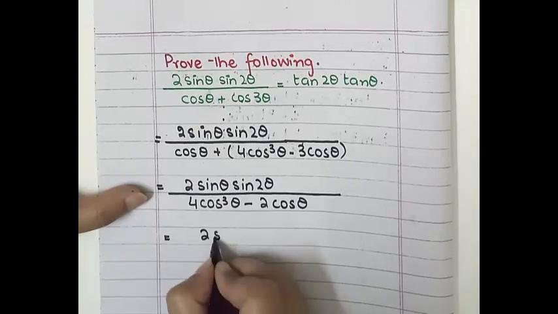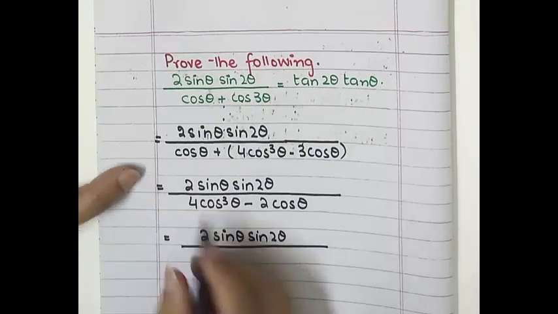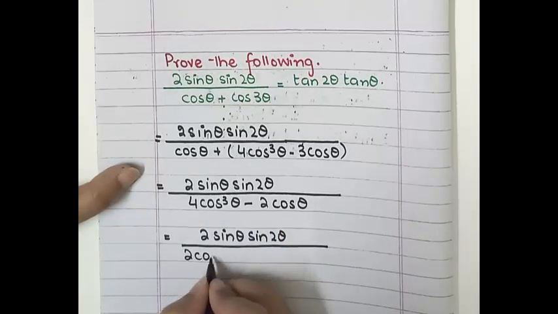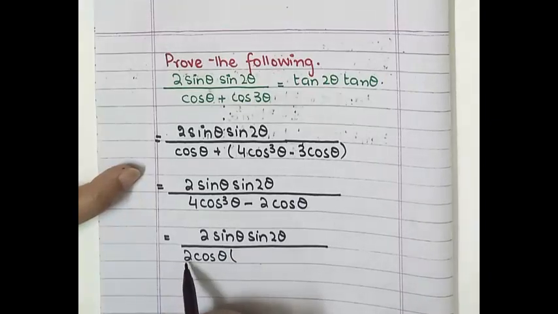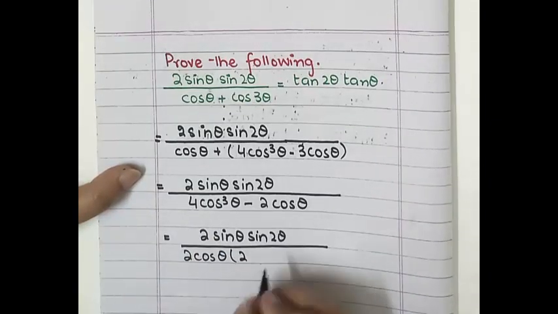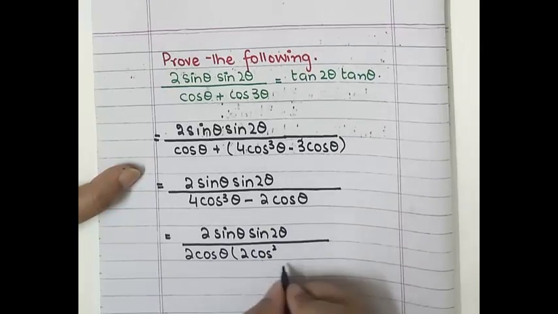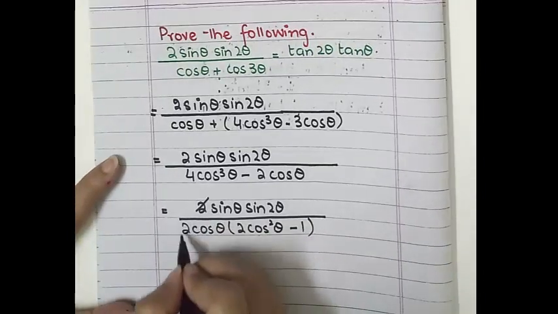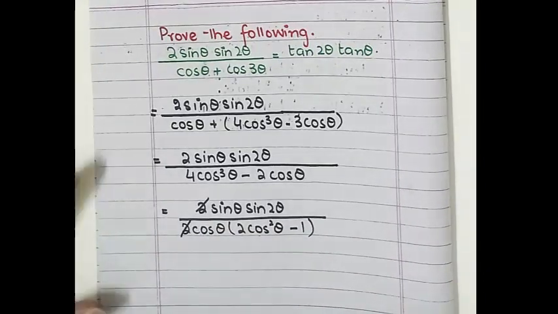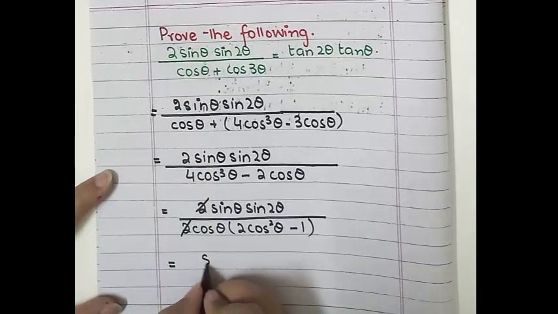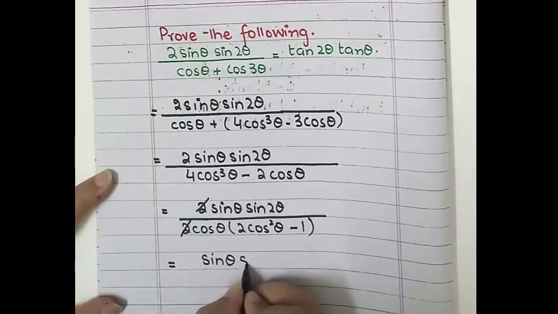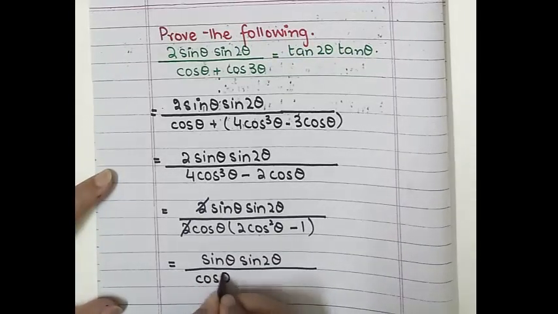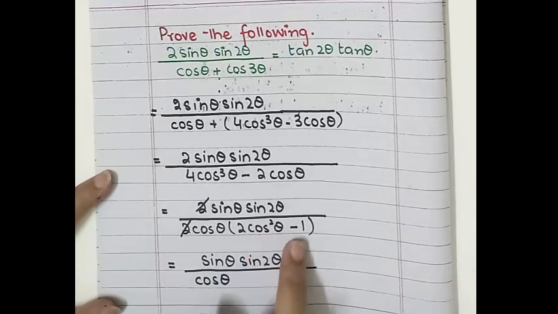Writing the numerator as it is, taking 2 cos theta common from the denominator, taking 2 common we have 2 left inside the bracket and cos square theta minus 1. Now this 2 and 2 will be cancelled out and this is equal to sin theta sin 2 theta divided by cos theta and 2 cos square theta minus 1.